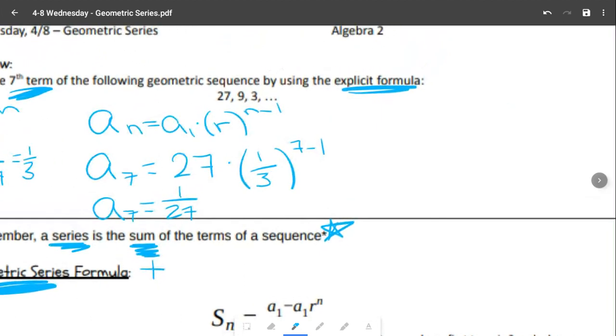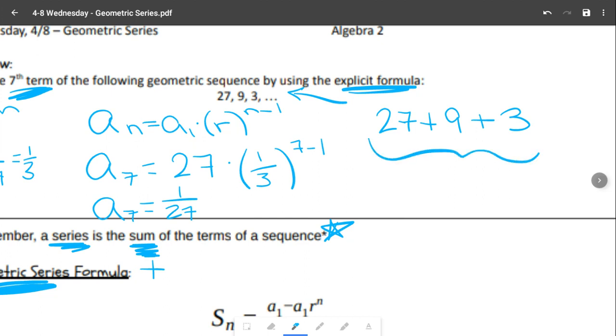For example, if I took the numbers in this sequence up here from the do now and added them together, remember, these are still forming a geometric pattern. We're still multiplying to go from one to the next. But when I find their sum and add them together, we call it a series.